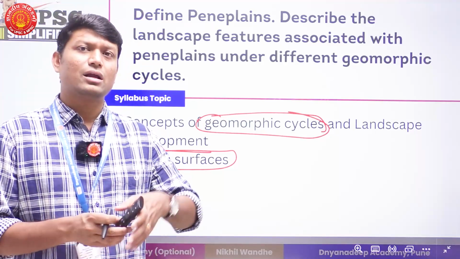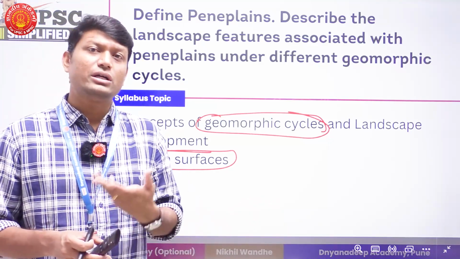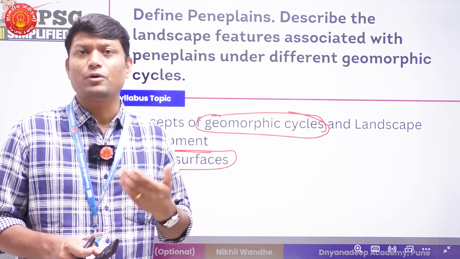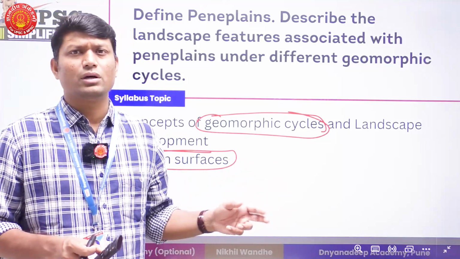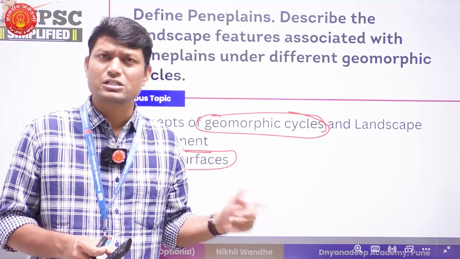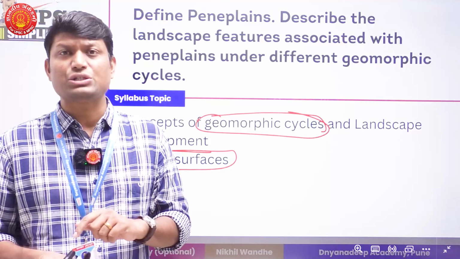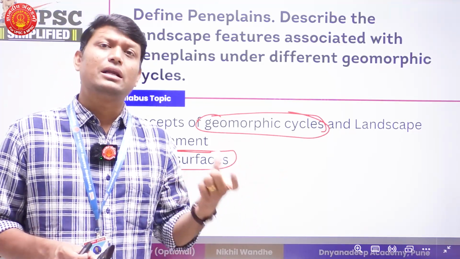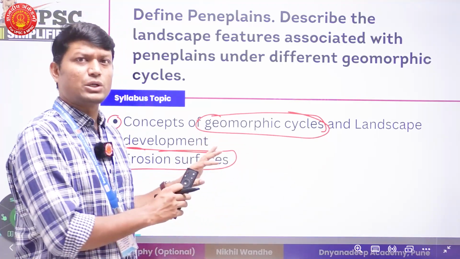So an arid climatic condition will result in a different type of erosional surface, or glaciated conditions will result in a different type of erosional surface. To give you an example, if you just scroll through the past 2-3 years' papers, you will find one question on altiplanes or altiplanation. Altiplanation is nothing but an erosional surface which is formed under the glaciated cycle of erosion. So that is how you are supposed to approach this particular topic.